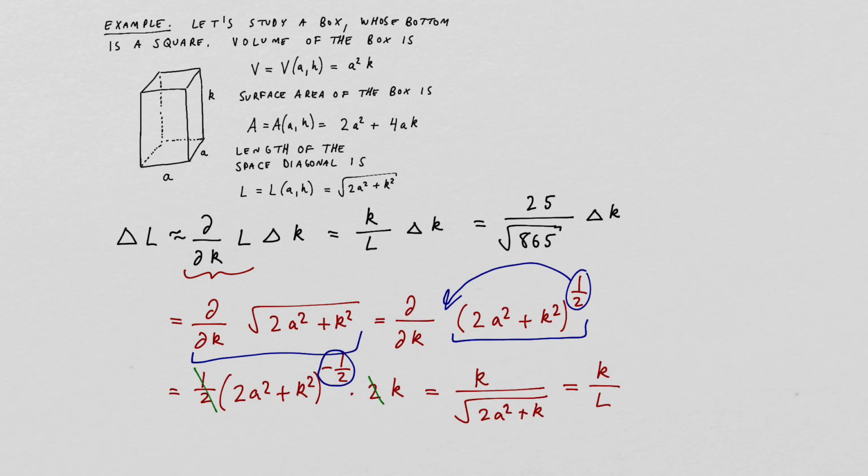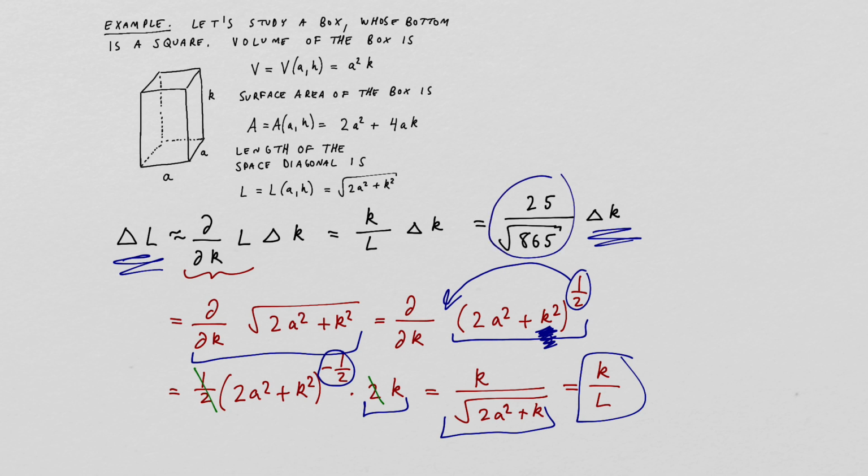The derivative of the inner function depends only on this term and will be equal to 2k. So this is our derivative and we can write it in this way. So we get that the rate of change of this L is this one here.